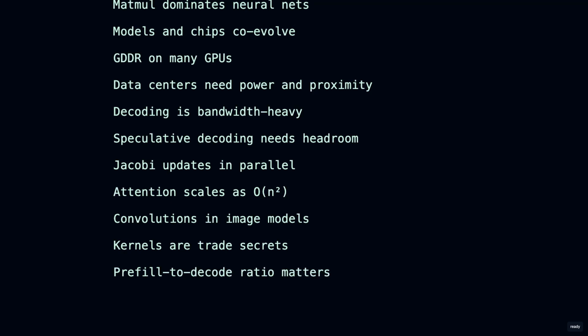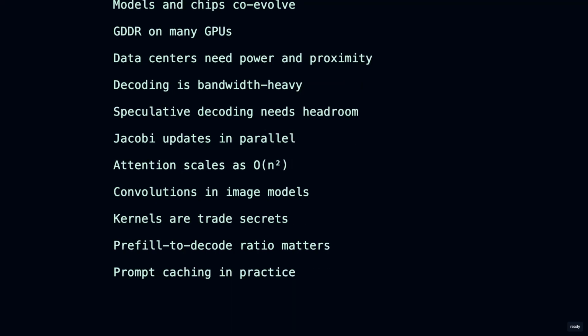The balance between prefilling and decoding is an important system-level metric. It helps explain where time is going in real workloads and where optimization efforts should focus. In practice, prompt caching often works best when earlier conversation turns can be reused.